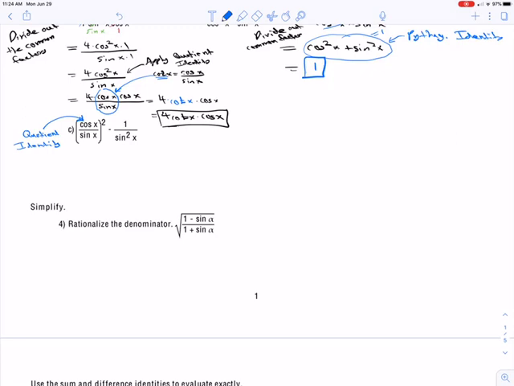And what do you recognize here on this one? 1 over sine squared, that's my reciprocal identity for cosecant. So remember, cosecant is 1 over sine. Just like quotient identity, we know that cotangent is equal to cosine over sine.